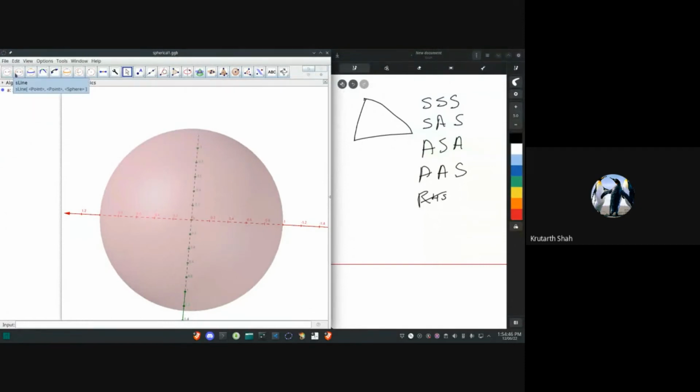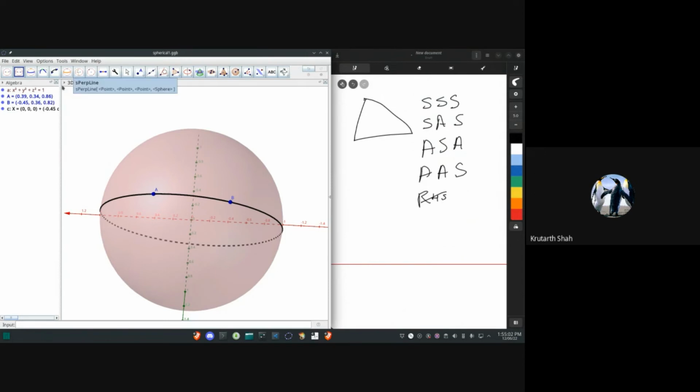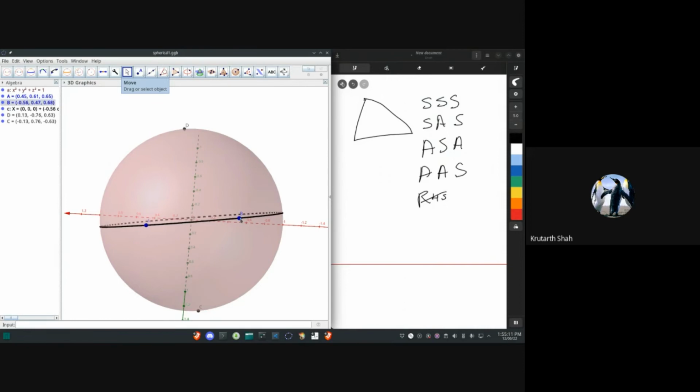The simple way of thinking about poles and polars is that if I have the equator, then its poles are the north and south poles. Imagine we have the equator, right?